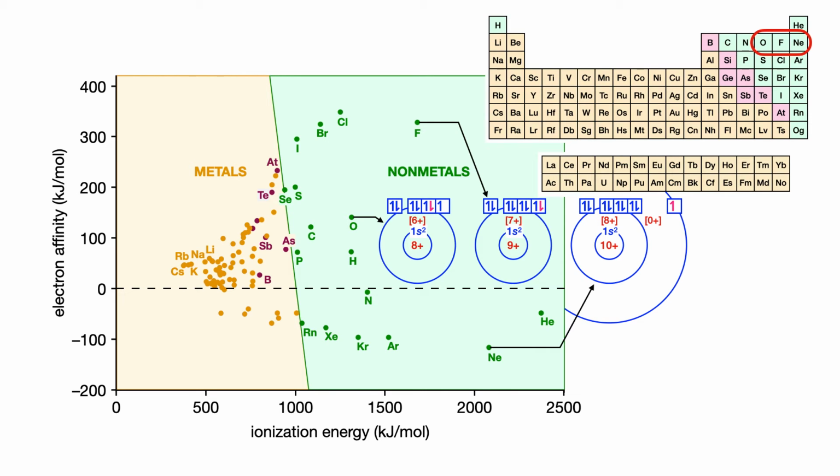So the effective nuclear charge that would be felt by that new electron would be essentially zero. This illustrates a really important point: atoms like neon that have a filled valence sublevel, filled s and p sublevels, tend to be very stable.